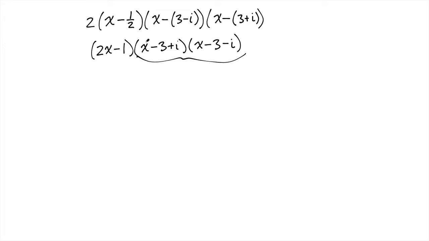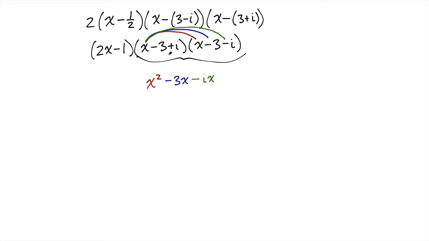So I've got, first of all, my x times x, that's x squared. And then I've got x times negative 3, that's negative 3x. And then I've got x times negative i, that's negative ix.